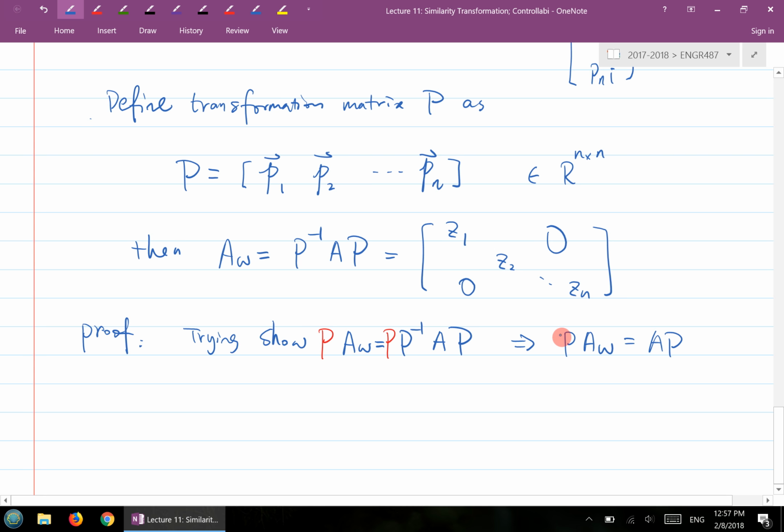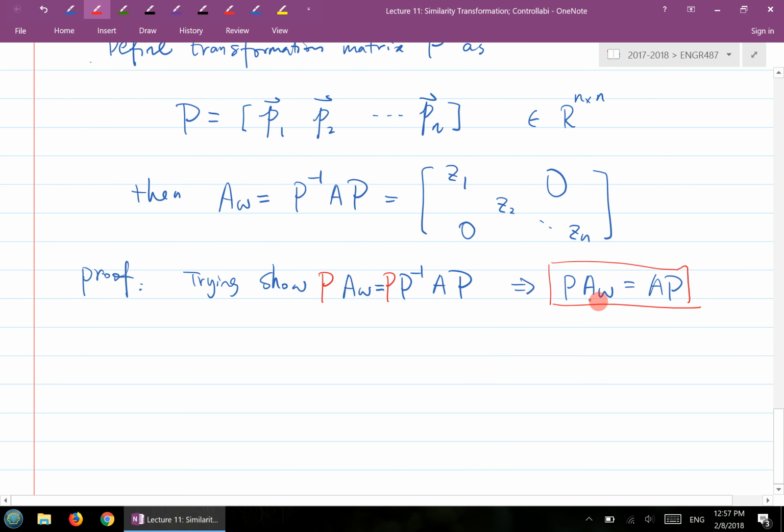So let's try to show that P times AW is the same as A times P. Let's take a look at what P times AW is, and also what A times P is. Let's look at A times P first.